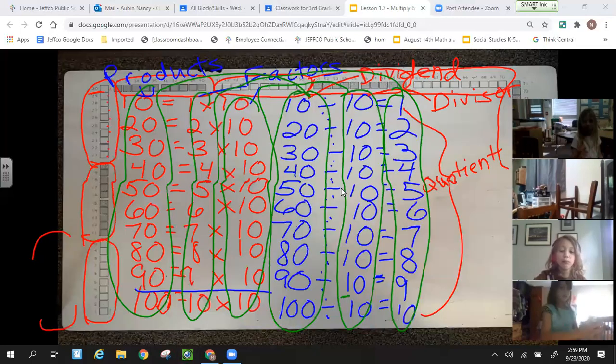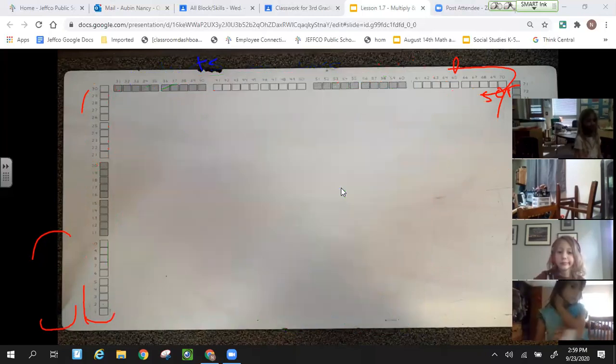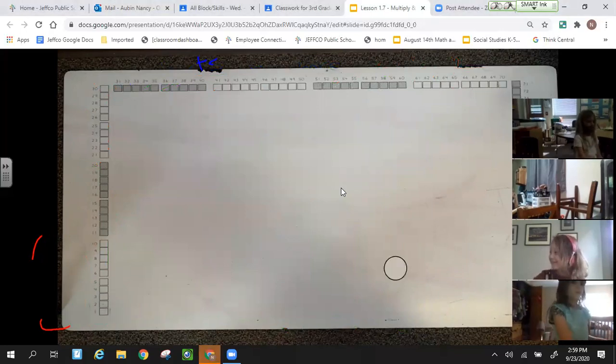We're going to move on to see what's next. I actually know the way. So we're going to erase our boards if you haven't already. Don't worry if you didn't get all those patterns written, and we did not expect that.